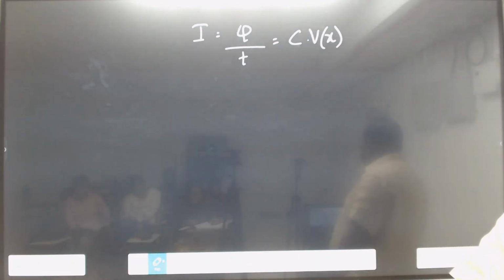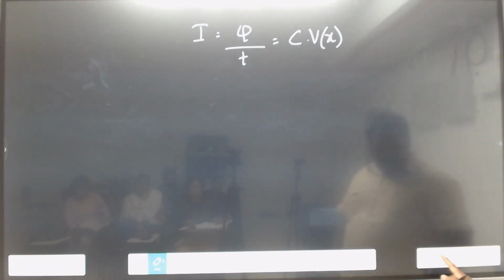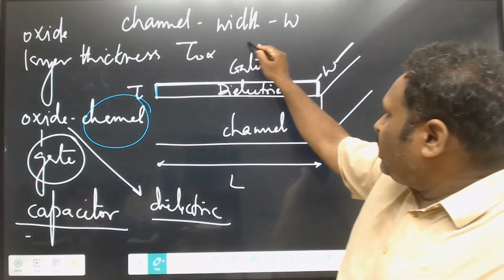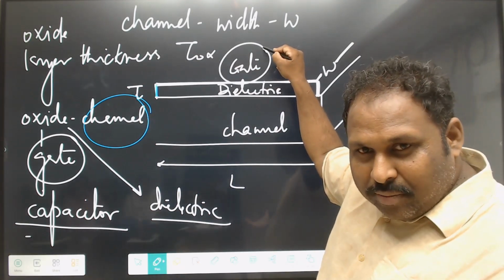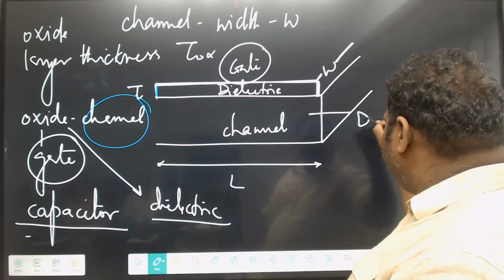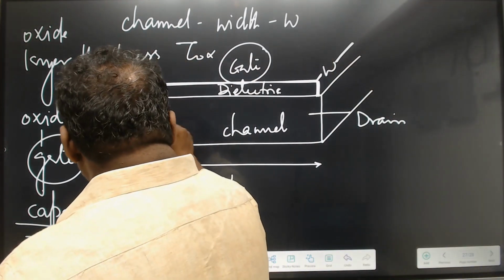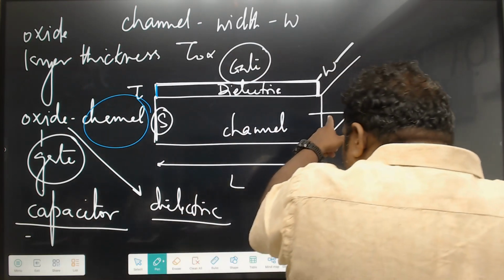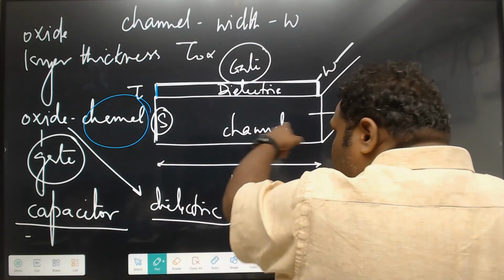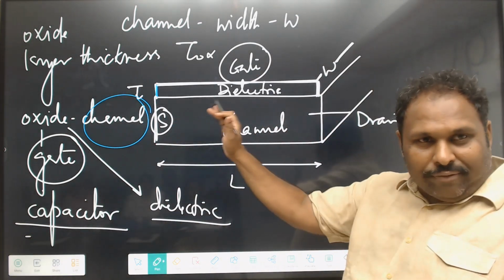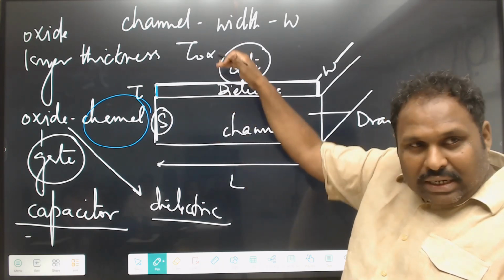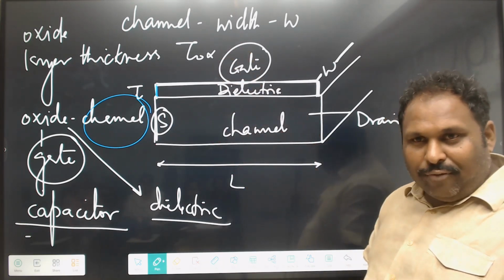The voltage is different. Why? Because the gate has some voltage, your drain has some voltage, and your source is at some other voltage. So the drain source voltage is variable, decreasing from right to left. So the gate channel voltage is variable, V of x.